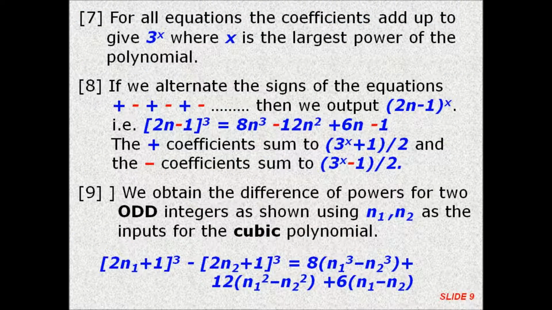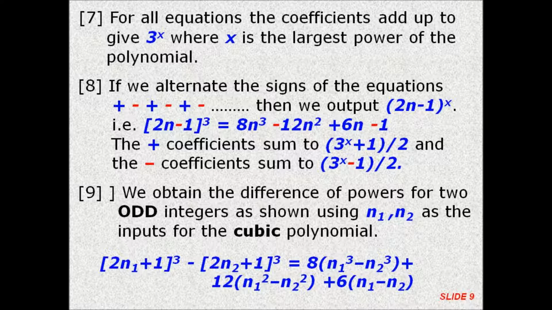The following statements apply to Bateman polynomials. For all equations, the coefficients add up to give 3 to the power x, where x is the largest power of the polynomial. If we alternate the signs of the equations, plus, minus, etc., then we output 2n minus 1 to the power x.